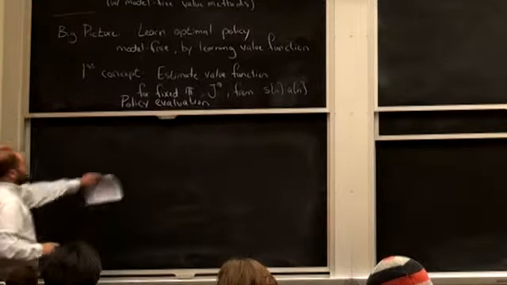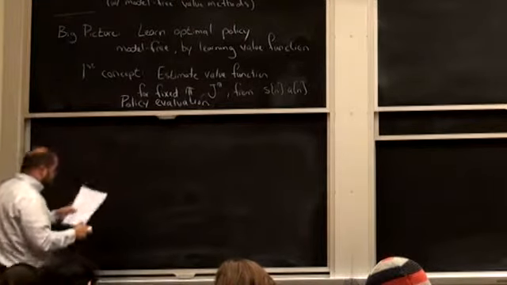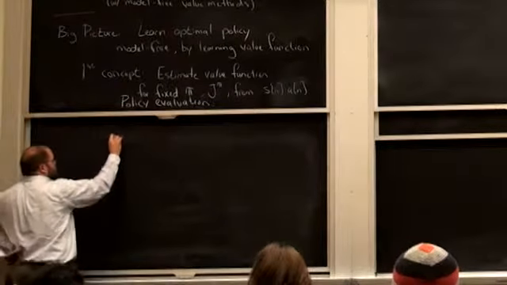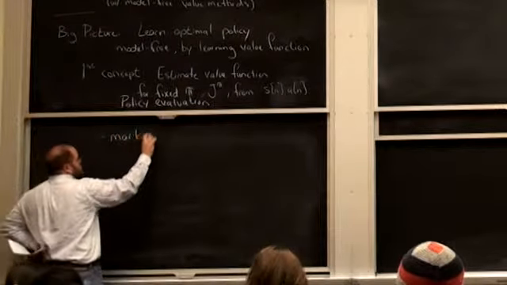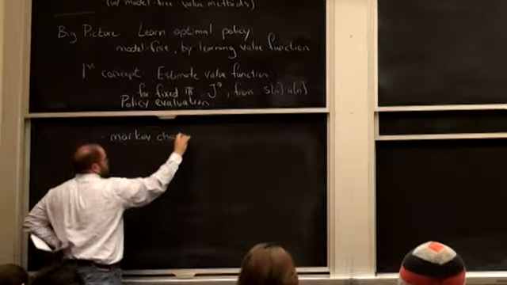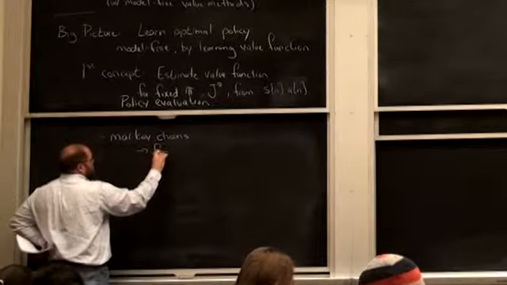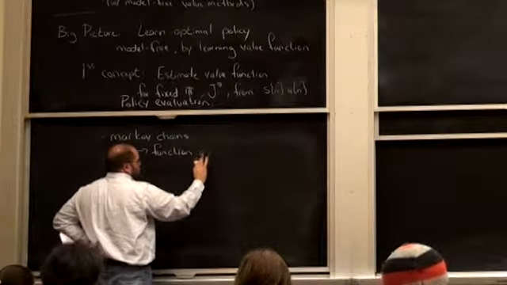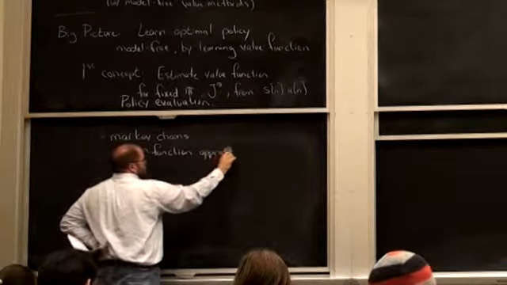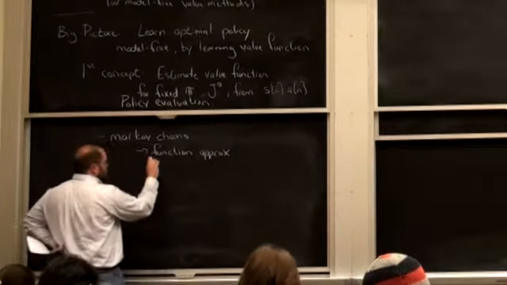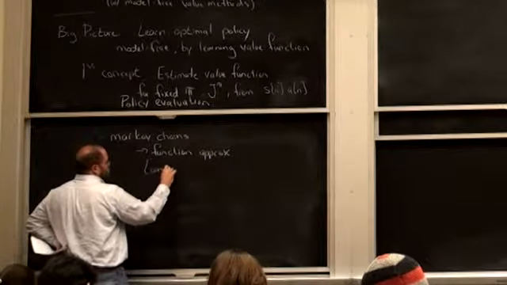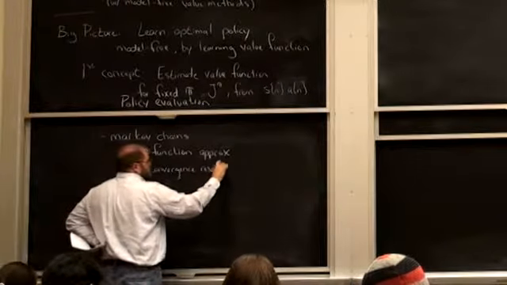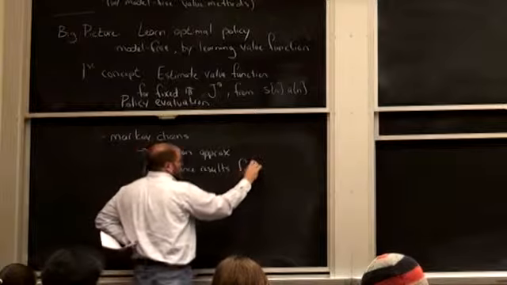We talked about a couple of ways to estimate the value function for a fixed pi. Even with function approximation, we did Markov chains first, and then we went to function approximation, and we had convergence results for linear function approximators.